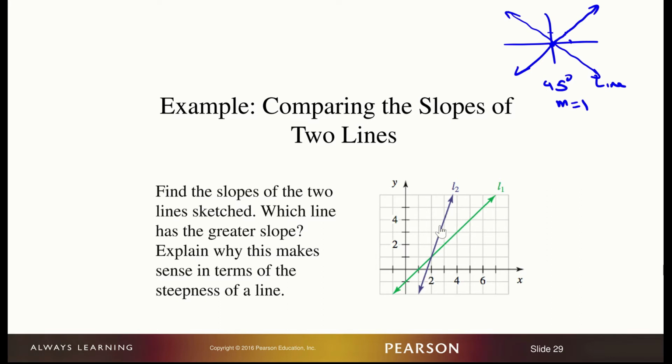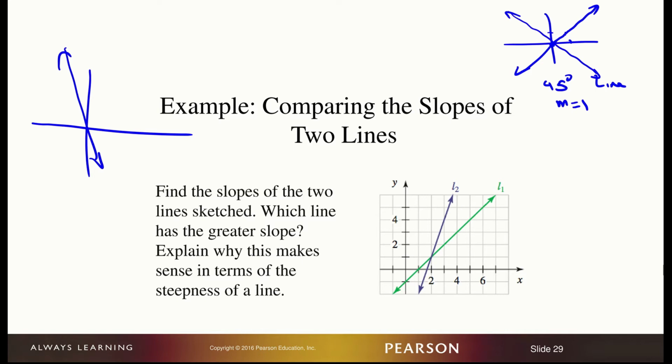When you look at these two lines, you can quickly see this one is steeper, right? So think of the slope as a measure of steepness. The larger the absolute value of the slope, the steeper the line is. We say the absolute value because we also want to consider a line like this, which has a negative slope, but that's also a very, very steep fall.